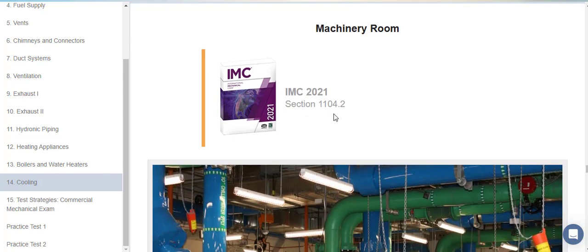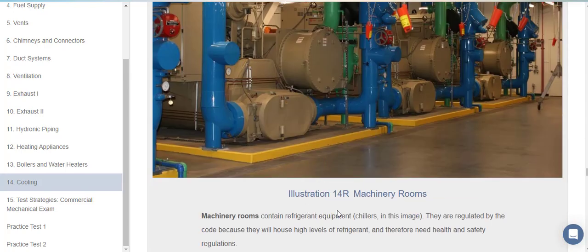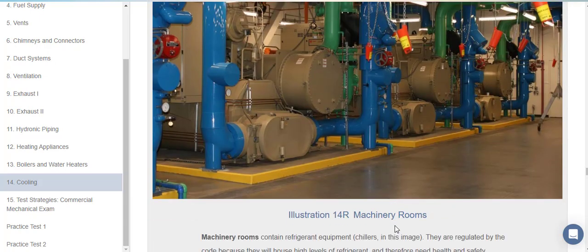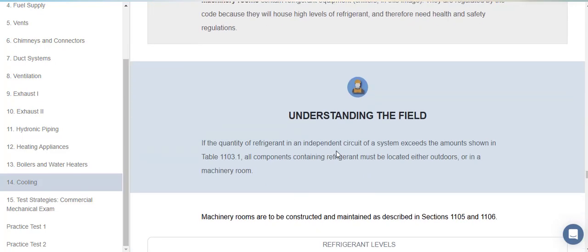Machinery room, International Mechanical Code 2021, Section 1104.2. This illustration shows a machinery room containing refrigerant equipment. This is the chiller in the image. They are regulated by the code because they will house high levels of refrigerant and therefore need health and safety regulations.